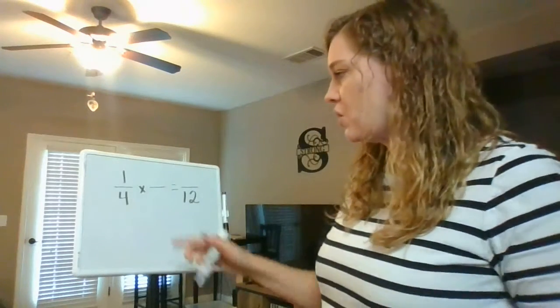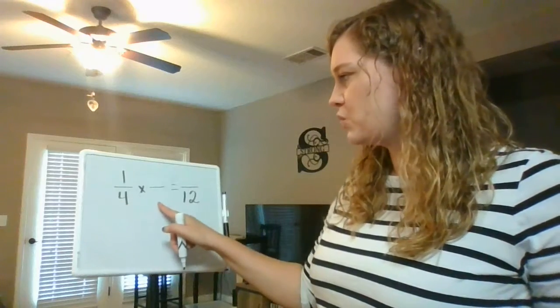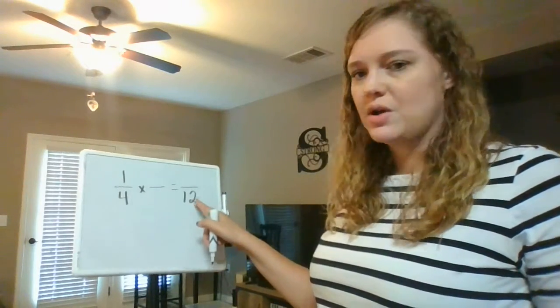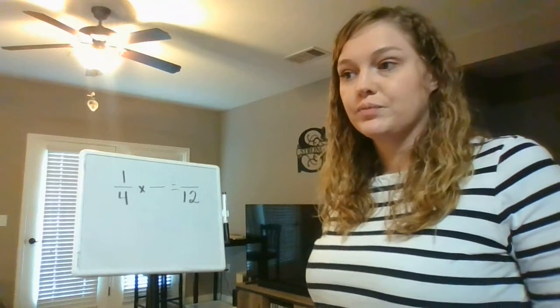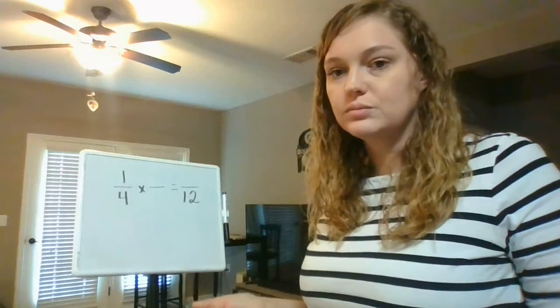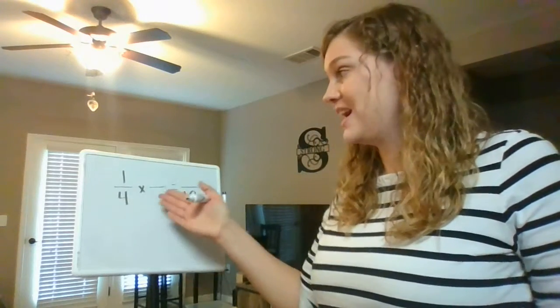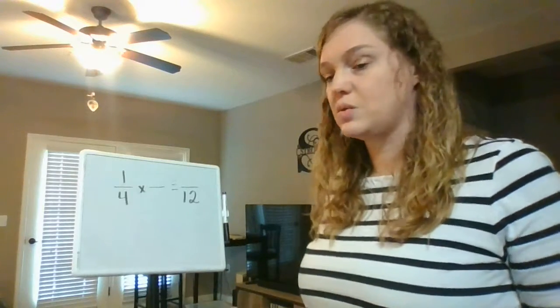So I need to know, what do I need to put here? 4 times what? How am I going to get to 12? You could think of division, 12 divided by 4. Or you could think 4 times what equals 12? Well, we all know that 4 times 3 equals 12.